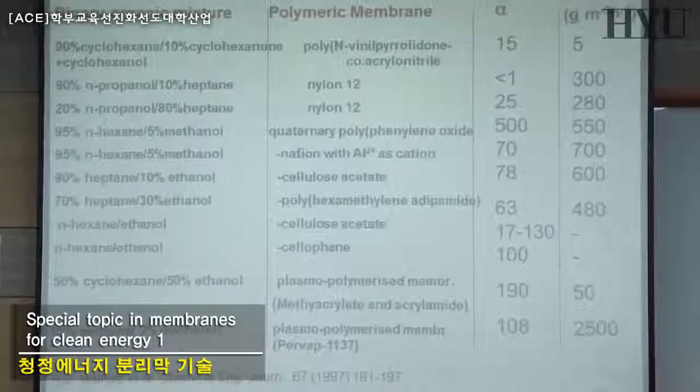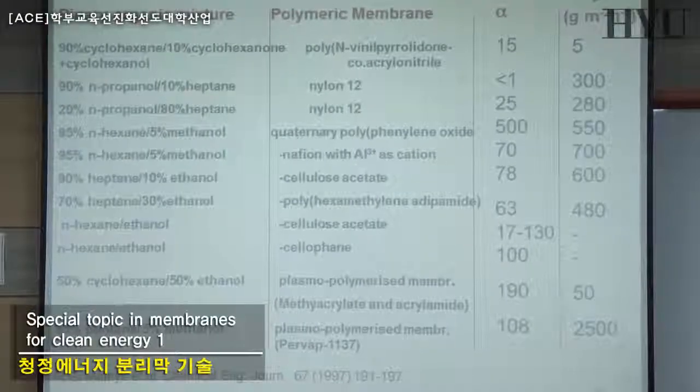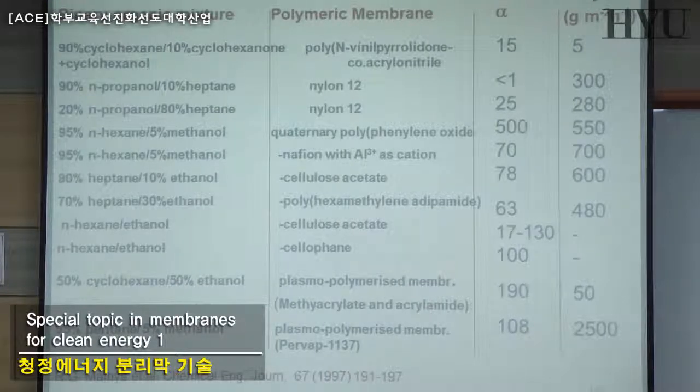Depending on the organic mixture, the pervaporation process can be used to make the bioethanol production, as you can see here in that example.